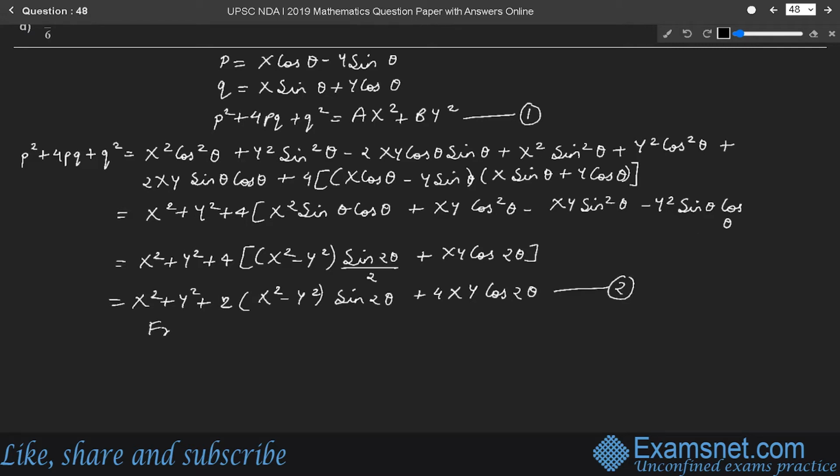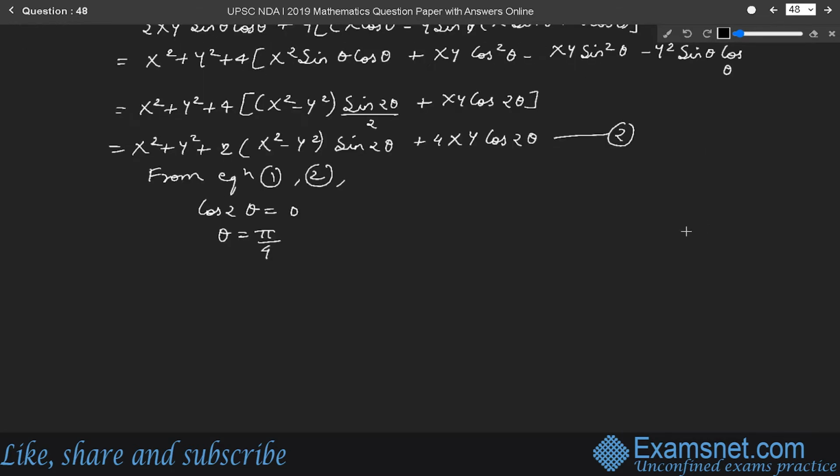Now from equation 1 and 2 we have cos 2 theta is equal to 0. Therefore theta is equal to pi by 4. Therefore x square plus y square plus 2 into (x square minus y square) will be equal to Ax square plus By square.